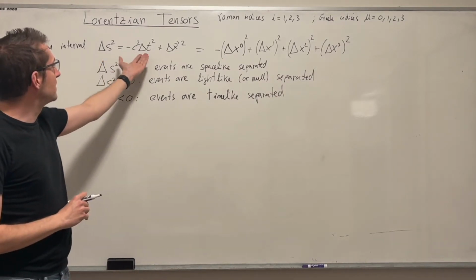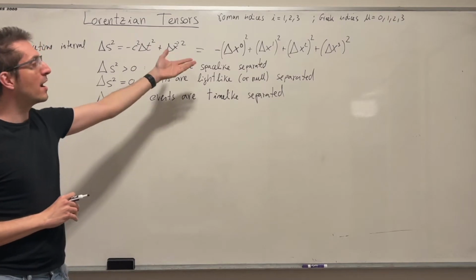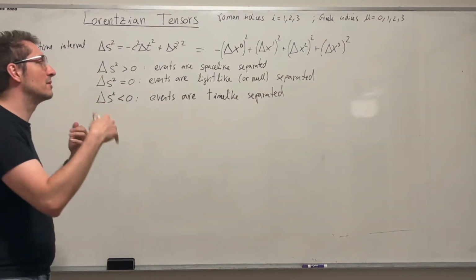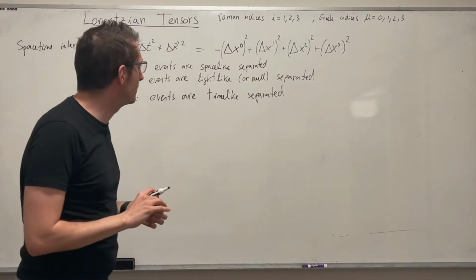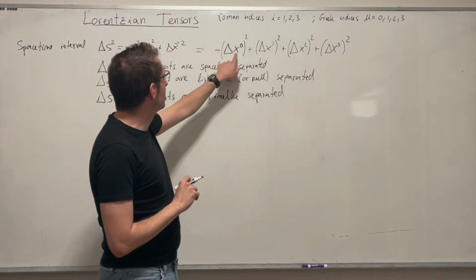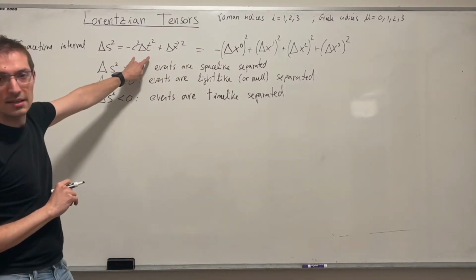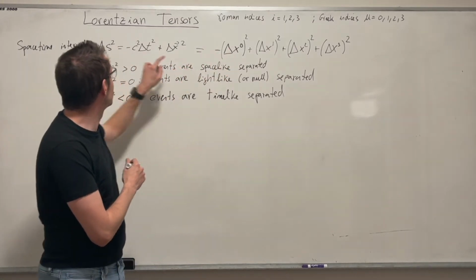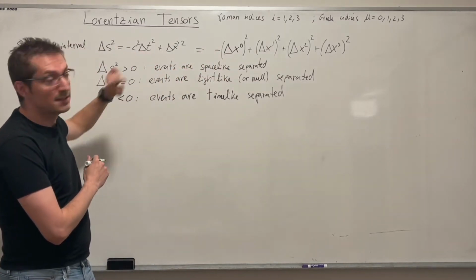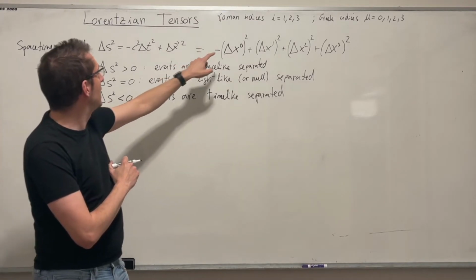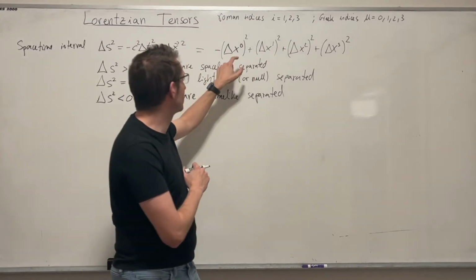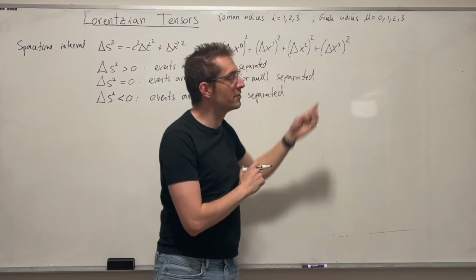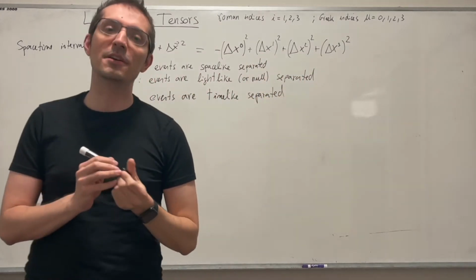We can write it now in terms of coordinates of this new four-dimensional vector space as minus delta x0 squared, where x0 is ct, so delta x0 is exactly c delta t, plus the sum of the squares of the deltas of the spatial components.